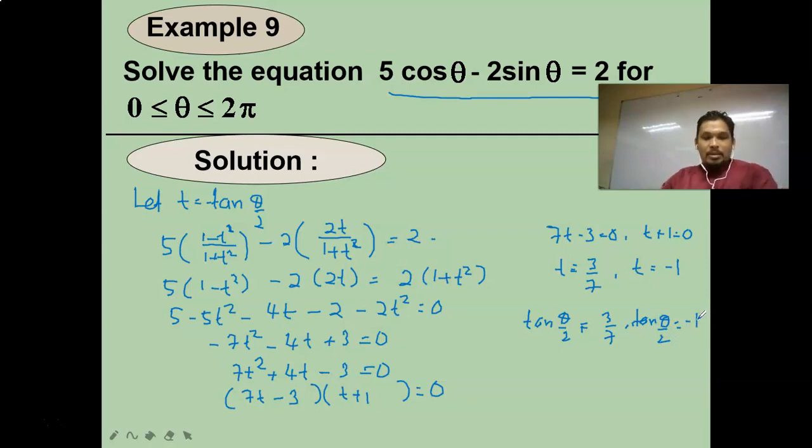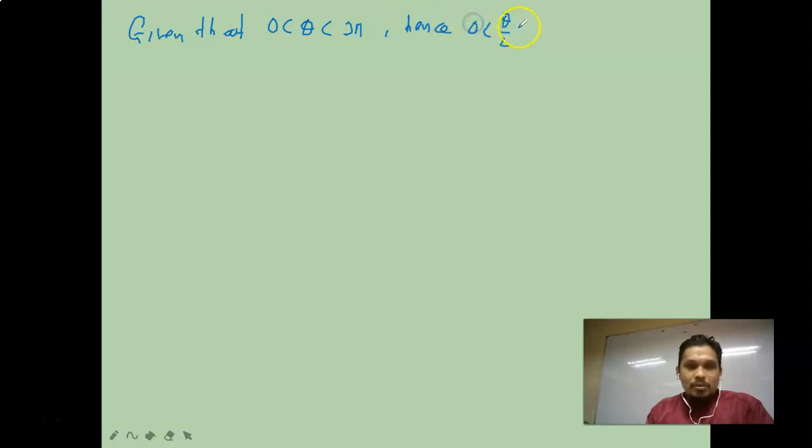Okay, so now given that theta lies between 0 up to 2 pi, hence theta over 2 is between 0 up to pi.